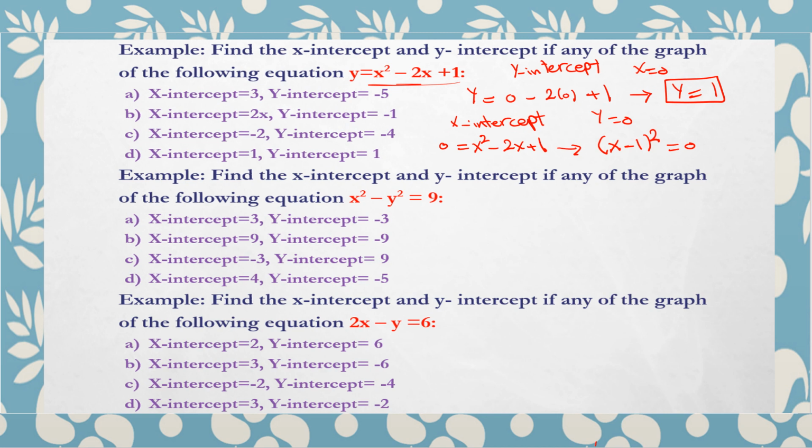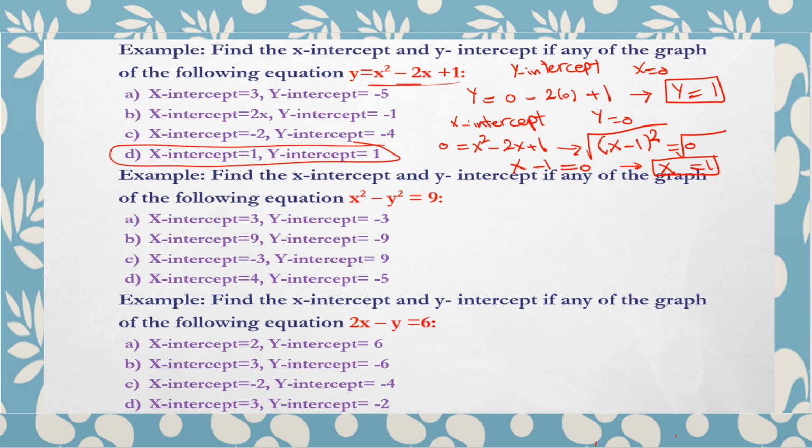By taking the square root of both sides, we get x minus 1 equals 0. Then x equals 1, and this is the x-intercept. So the x-intercept equals 1 and the y-intercept equals 1 also, and the correct answer is D.